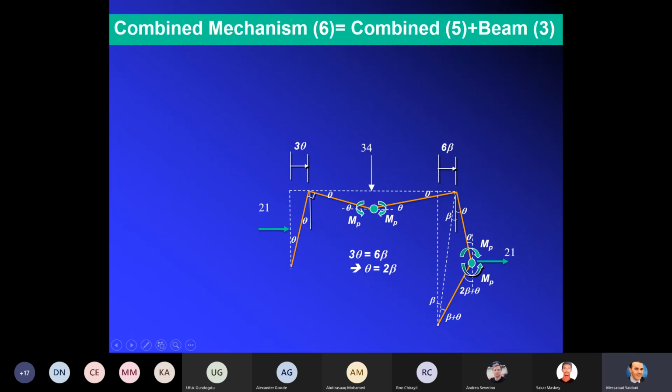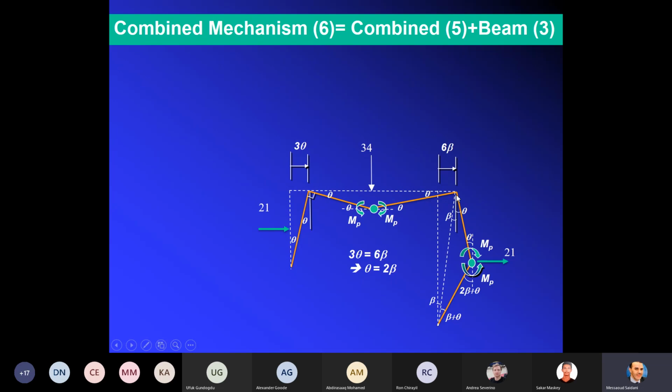We are combining 5 and 6, and this is what you get. This is the combined mechanism for the beam AC, the sway, and this beam here. So effectively we have sway plus beam mechanism plus another beam mechanism.